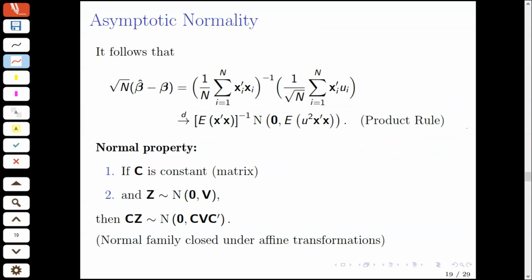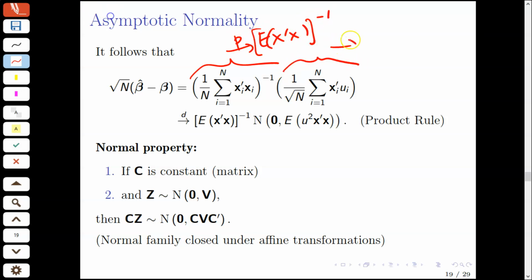Now, we've already established that this inverse average of outer products converges in probability to the inverse of the expected outer product, and that this scaled average converges in distribution to a mean zero normal with variance given by this expression. All right, now the product rule allows us to conclude that since the limit of the first part is constant, right?